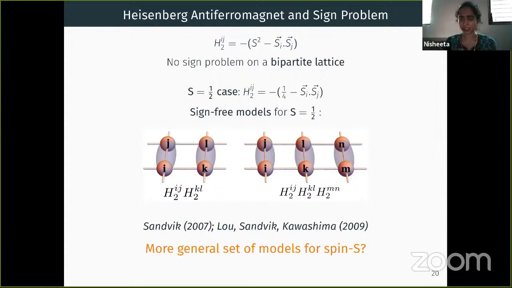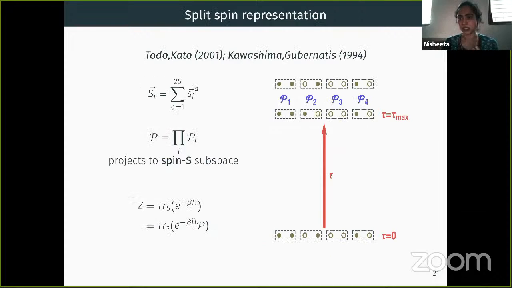The answer is yes. And the way you get a more general set of models is by taking help of the split spin representation. In the split spin representation, you write each spin S as a sum of 2S spin halves. Once you write your spin S Hamiltonian in terms of spin halves, you want to project onto the total spin S subspace.